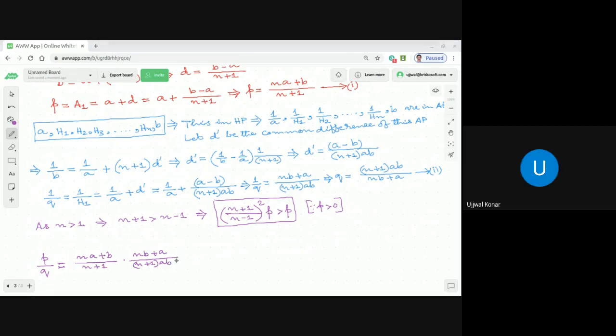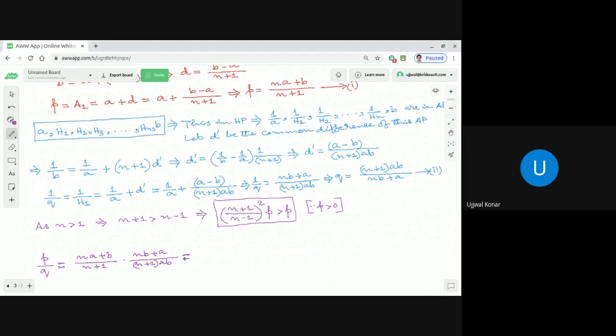Now, dear students, as you see, whatever we have on the right hand side is all known to us. A is known, b is known, n is known. Let's explore whether we can get some inequality relationship between them. So let's simplify the right hand side.